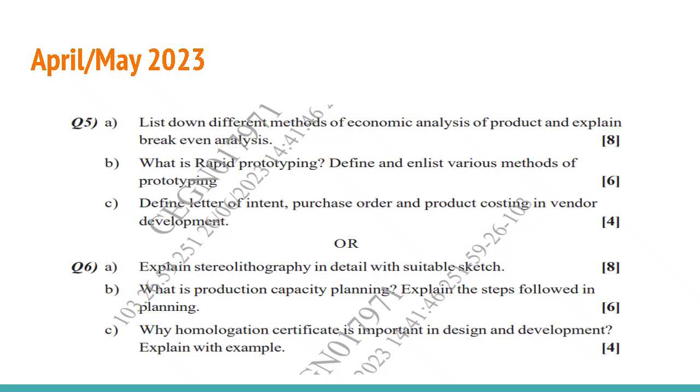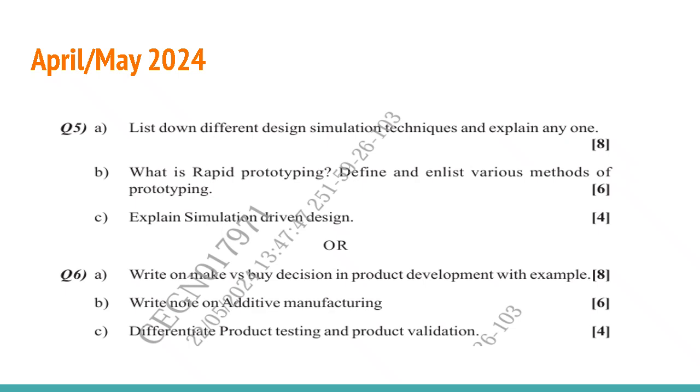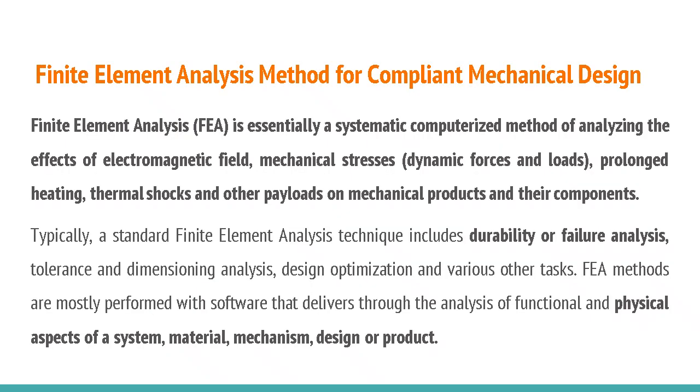Already repeated, whole questions are repeated. Then: design simulations, rapid prototype simulations, write the make or buy decisions in product development with an example, write notes on additive manufacturing, different product testings and product validations.